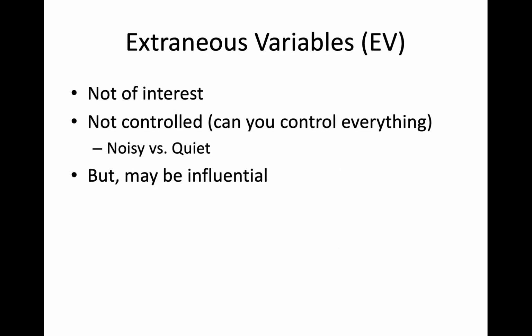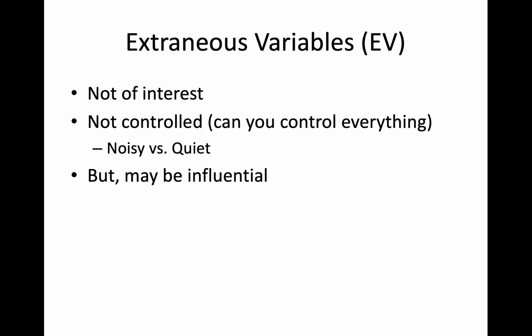Now, you can't control everything, and thus we call these things extraneous variables: variables that we're not interested in looking at, but we don't control them. We just don't know what they do, but what we think is that their effects, if there are any, are spread out amongst all of our participants or all of our groups, are evenly distributed.